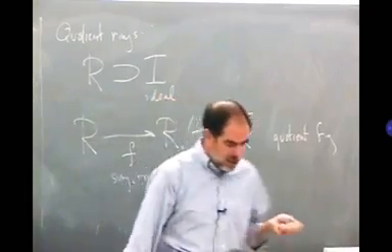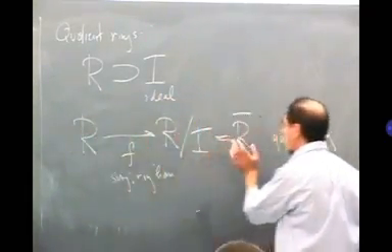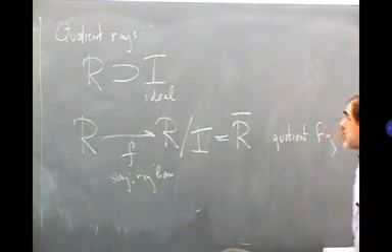The isomorphism theorem gives a relationship between certain ideals in R and certain ideals in R bar.